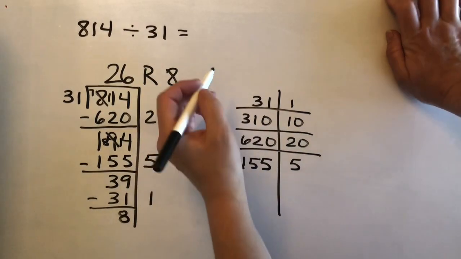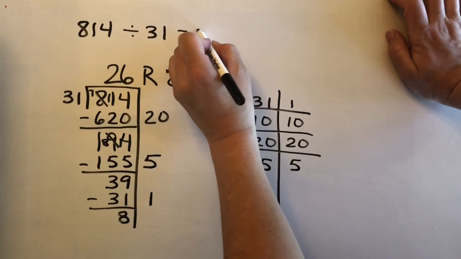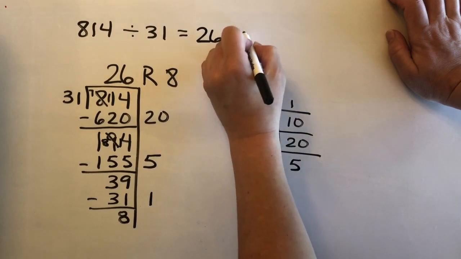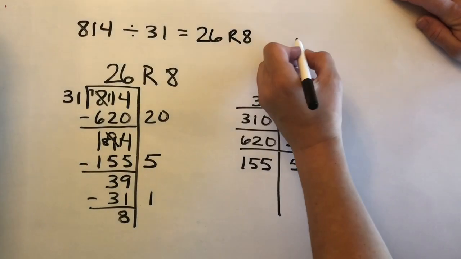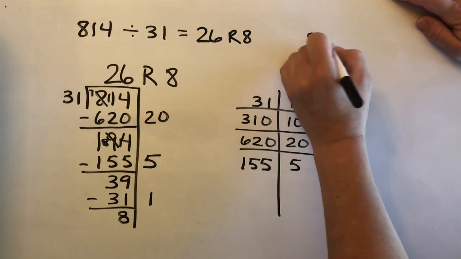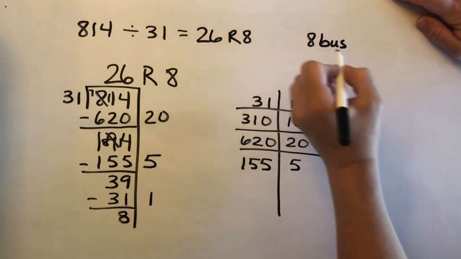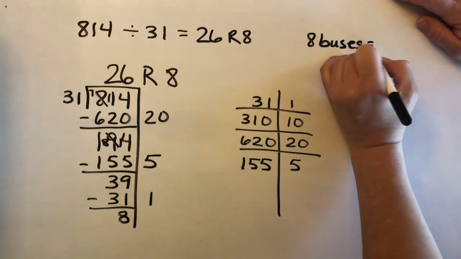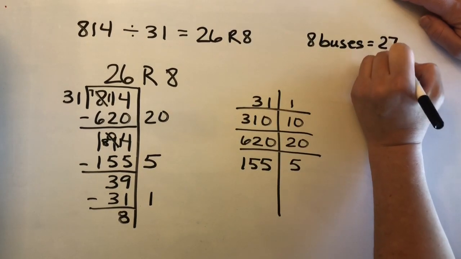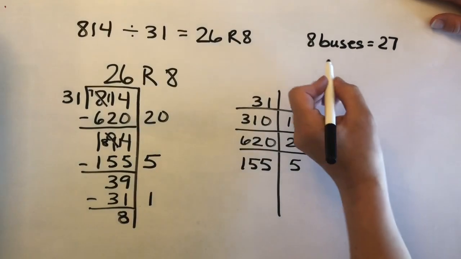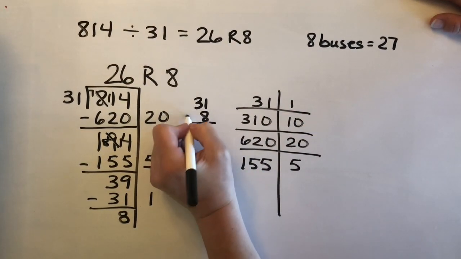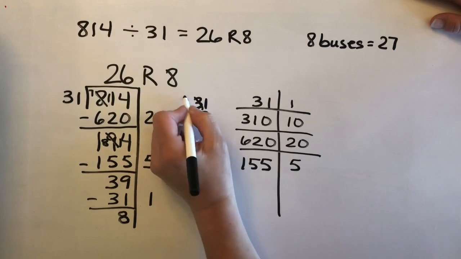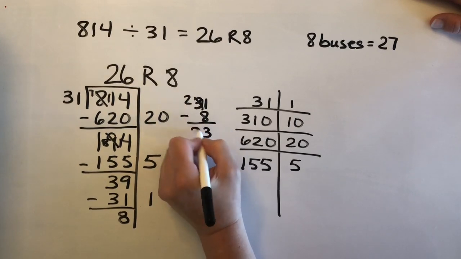So the answer is 26 with a remainder of 8. However, we're going to break that up for busing. So we actually will say that 8 of the buses will have 27 students. And then what's the remaining amount? It would be 31, take away 8, which would equal 23.